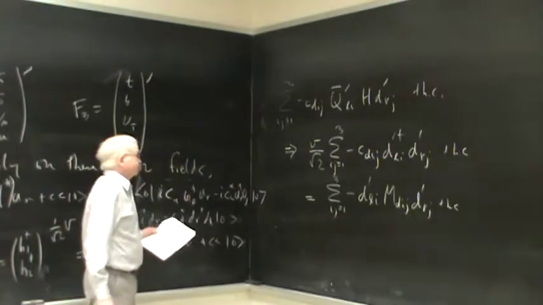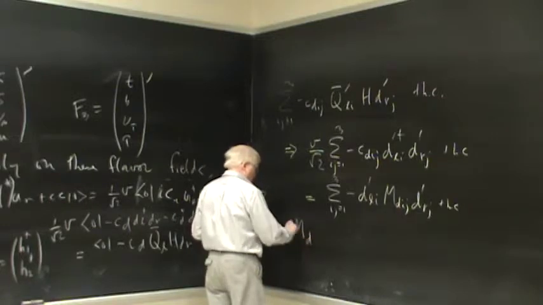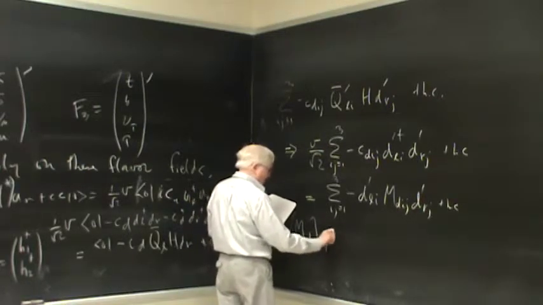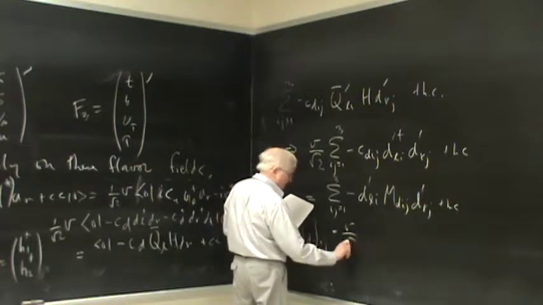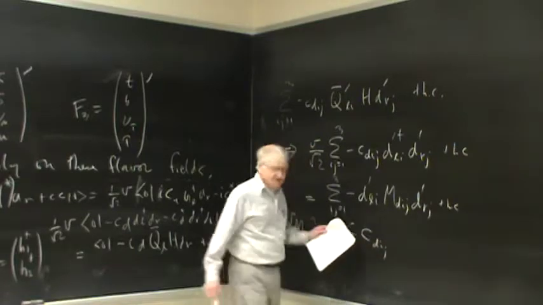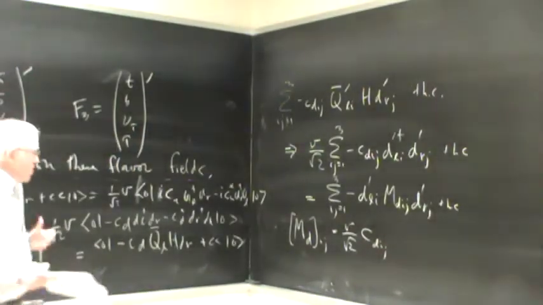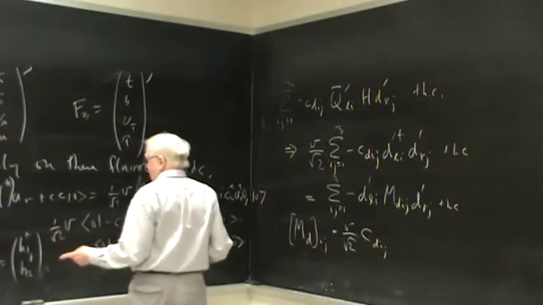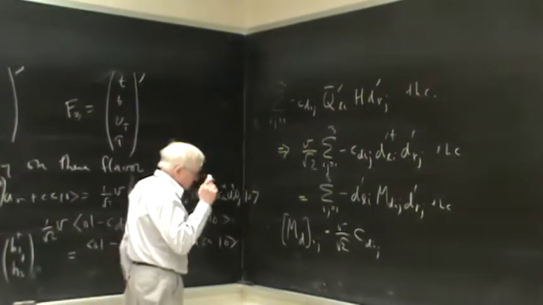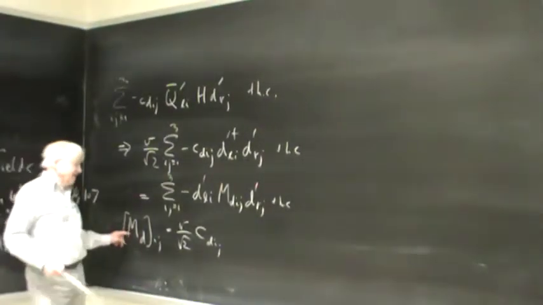And so we have a mass matrix then for the down quarks that's a 3 by 3 matrix, and the ij element is v over square root of 2 C_d ij. So these are 9 complex numbers that are just chosen.